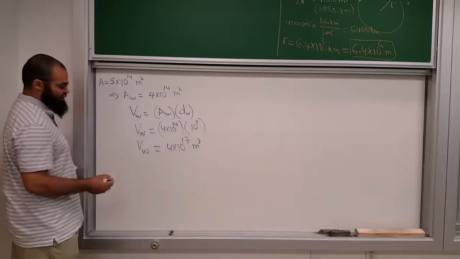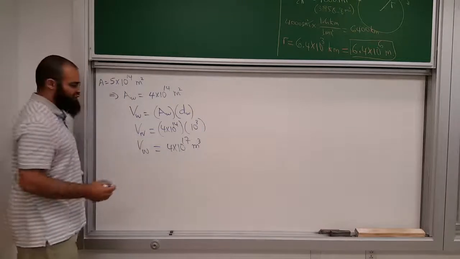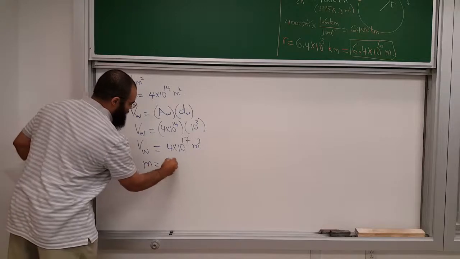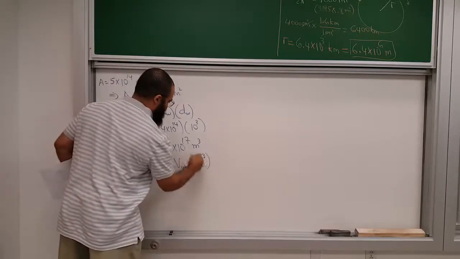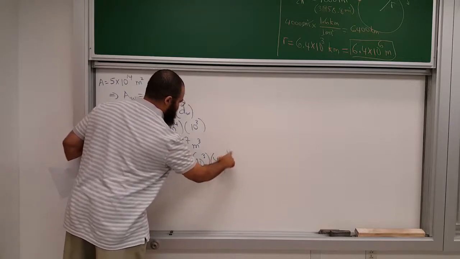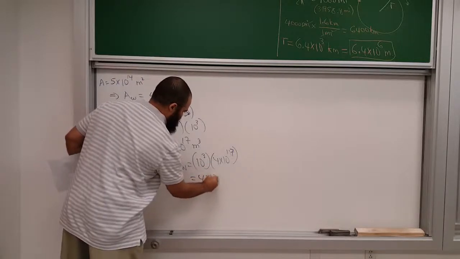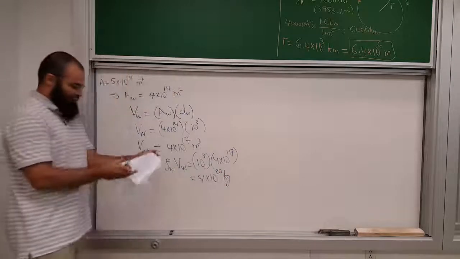And water has a density of 10 to the 3, 1,000 kilograms per cubic meter. So the mass of the water will be the density times the volume: 10 to the 3 times 4 times 10 to the 17. And so we get about 4 times 10 to the 20 kilograms of water on Earth.